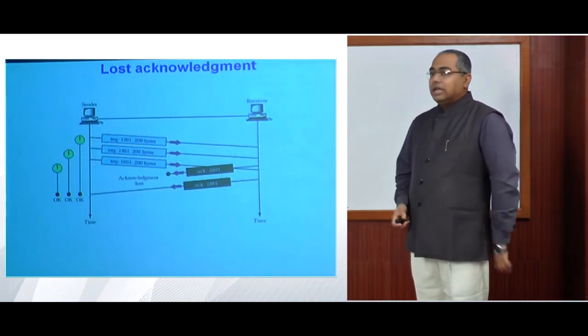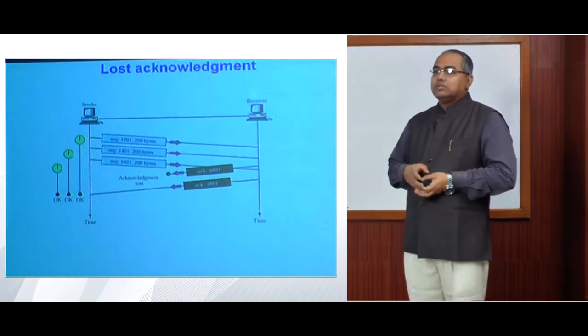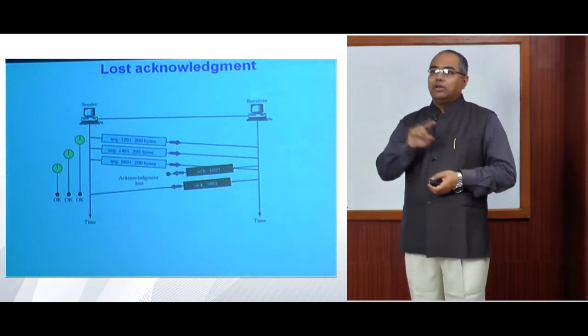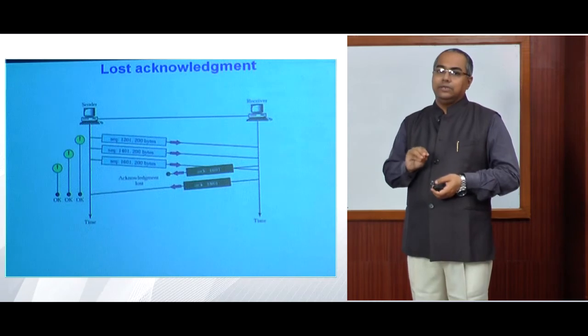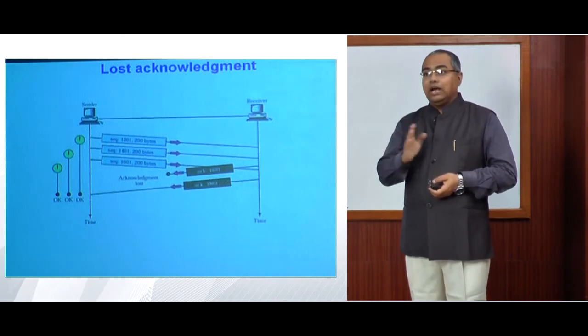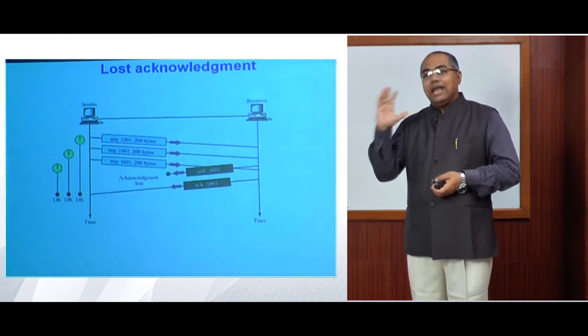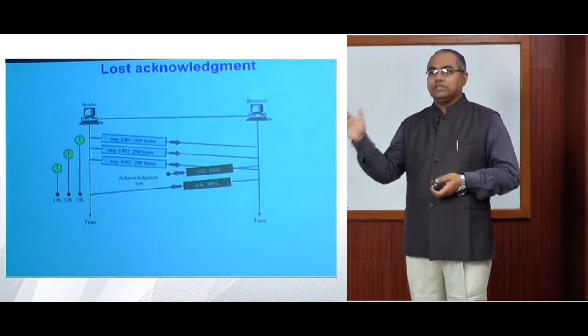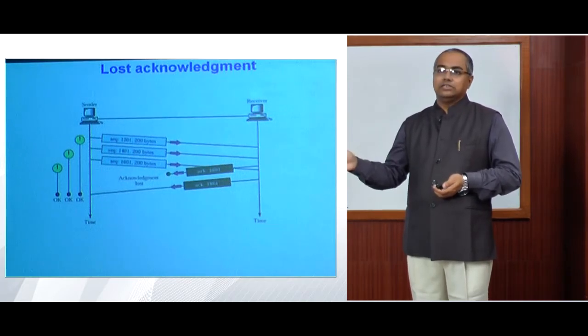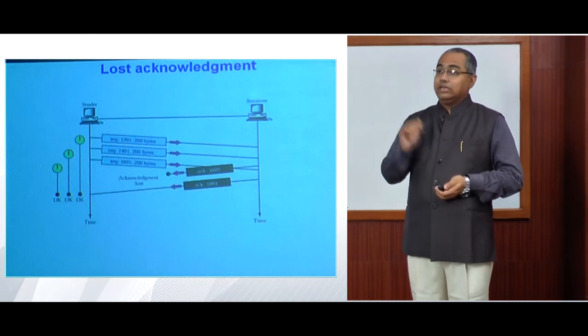Say there are 4 segments. The third segment acknowledgement comes to sender TCP. Sender TCP will understand, yes, everything has been received by receiving TCP till my third segment. What does it tell you?